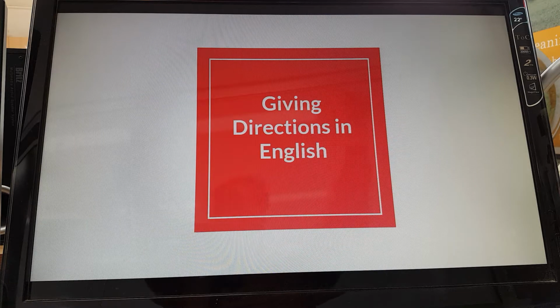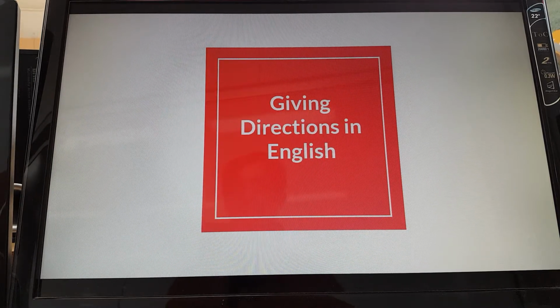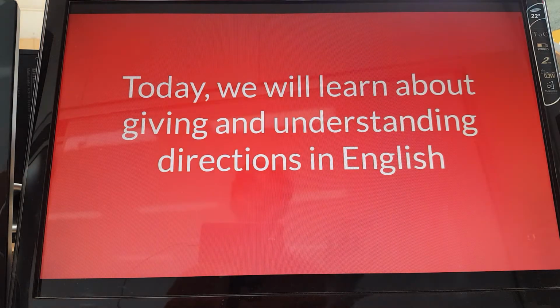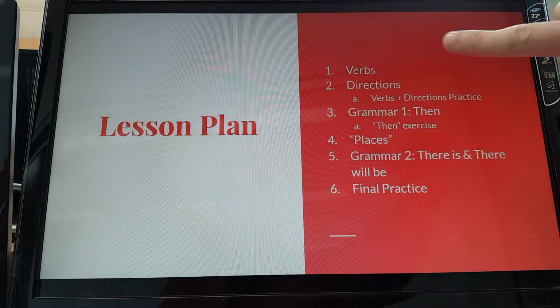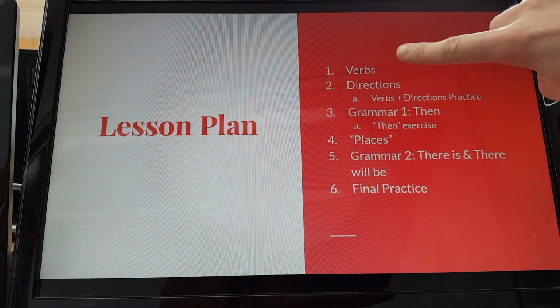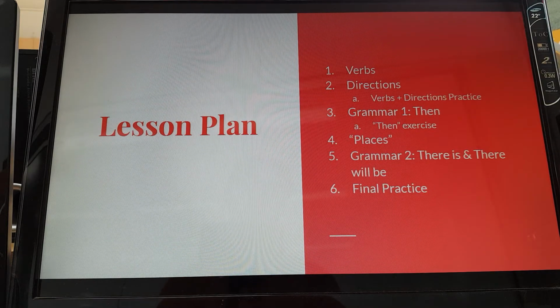So, for today's lesson, it is giving directions in English. Let's get started. As I said, today we will learn about giving and understanding directions in English. First, our lesson plan. First, we will look at verbs. Second, directions with verbs plus directions practice.